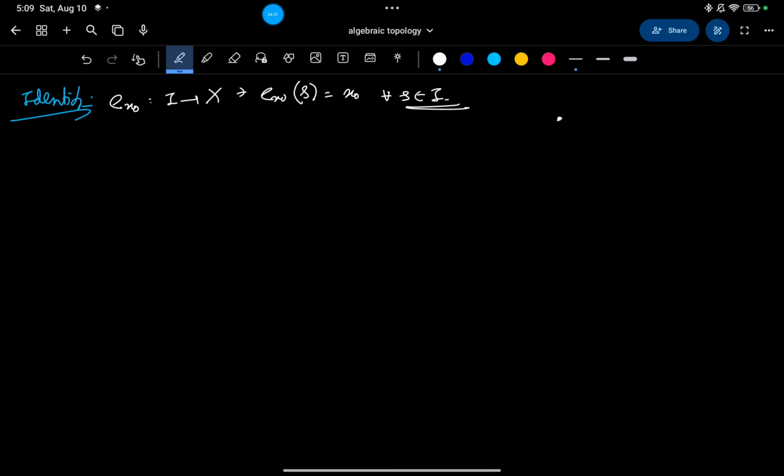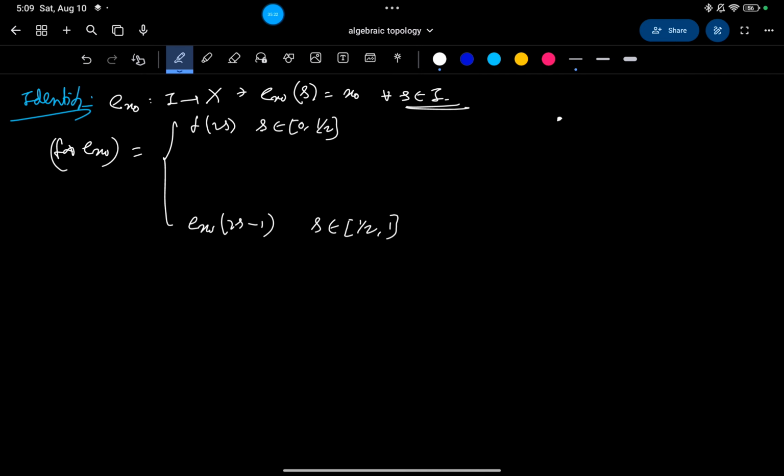This is a constant map. Now again, what is F star E x naught? F star of E x naught is nothing but F of 2s, where s belongs to 0 to half, and E x naught of 2s minus 1, where s belongs to half to 1, which is nothing but x naught. So here it won't be any change, but here it should be x naught.